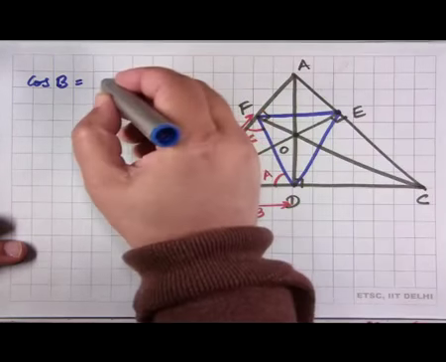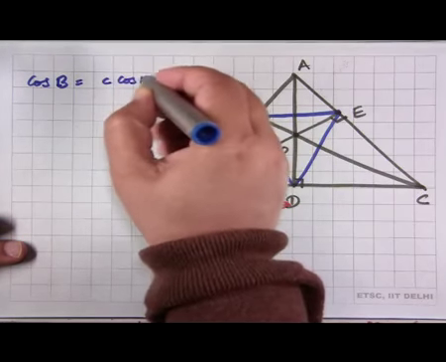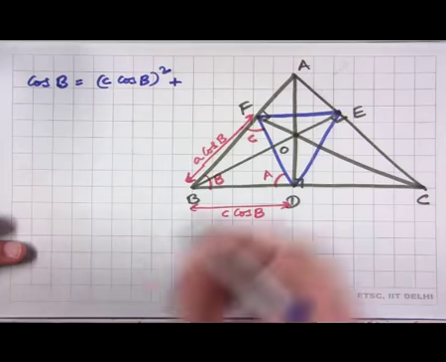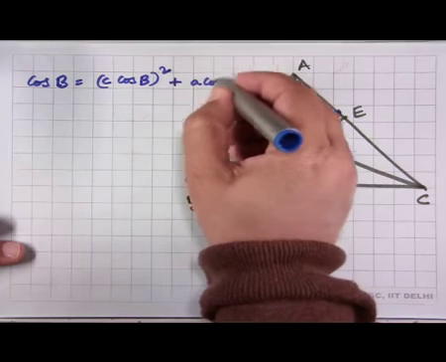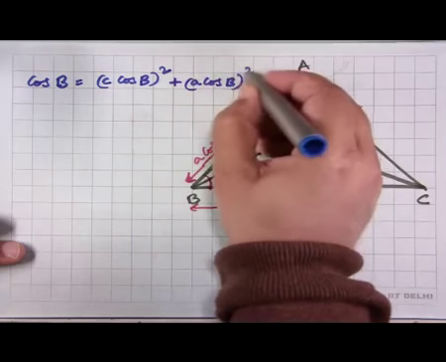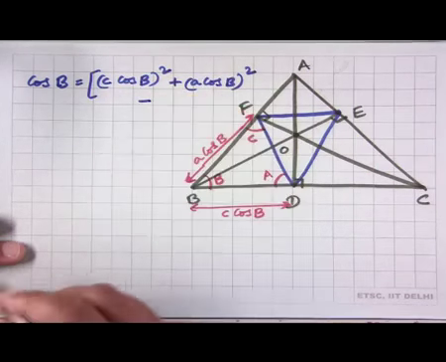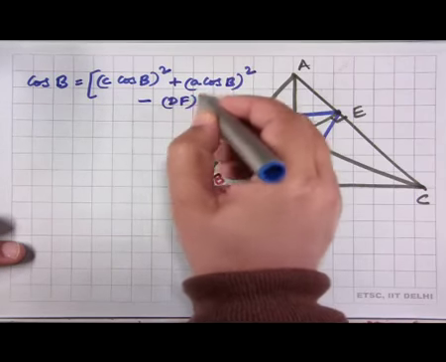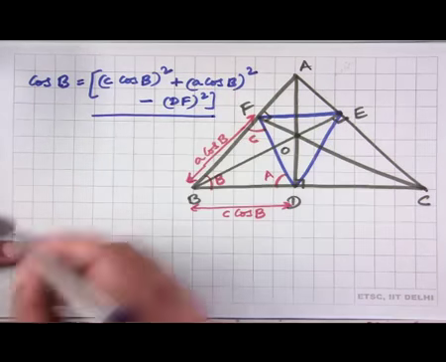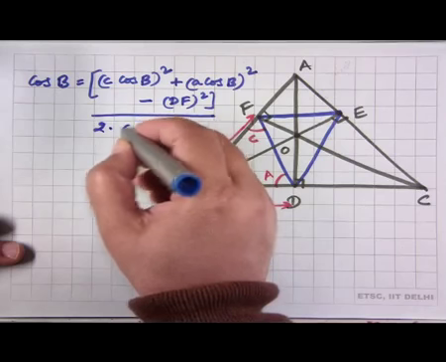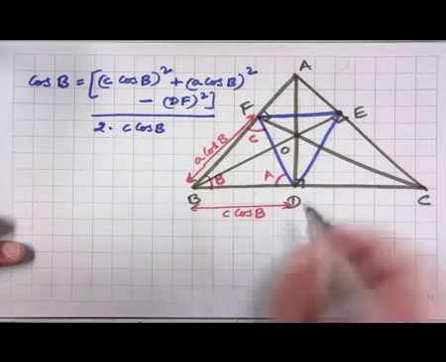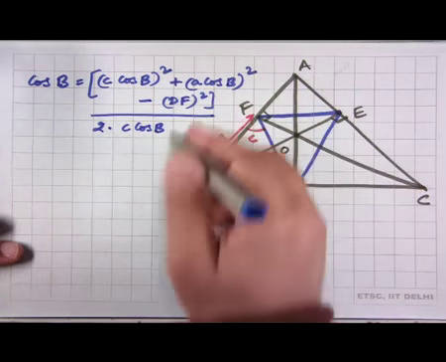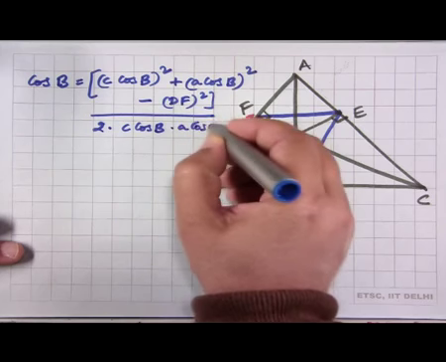So, (C cos B) whole square plus (A cos B) whole square, then minus this length DF, so DF whole square, divided by 2 times C cos B into A cos B. So, 2 times this side times this side.